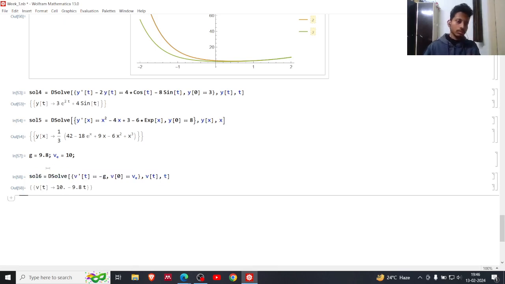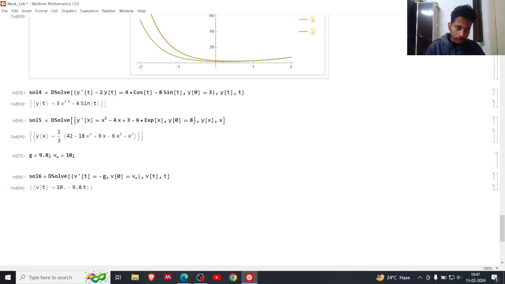So this is a very simple equation, that is the acceleration is proportional to the negative of the g. So we are throwing something upwards in the perpendicular direction, and that's why we have this kind of equation.